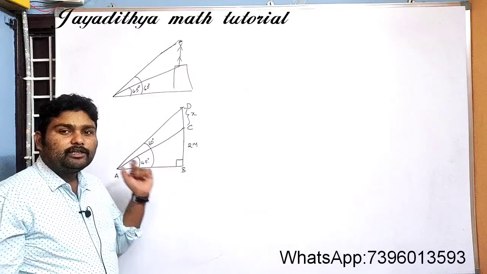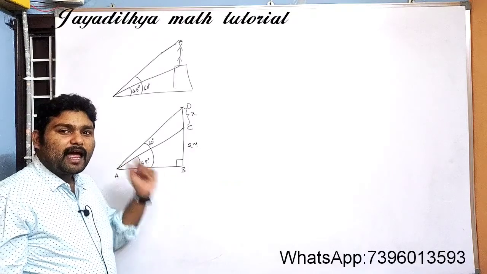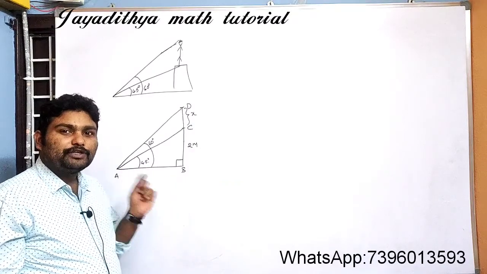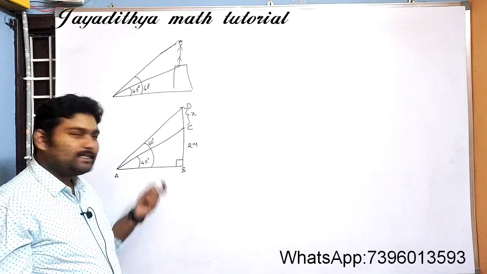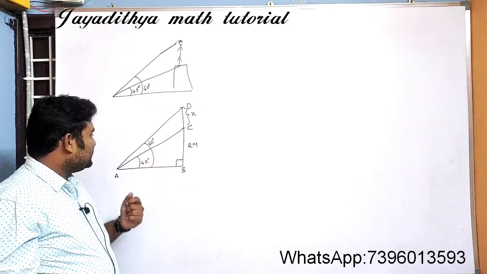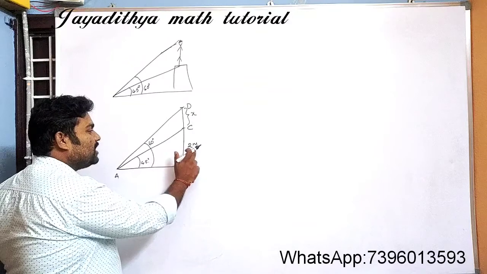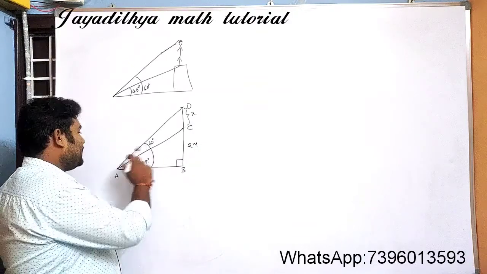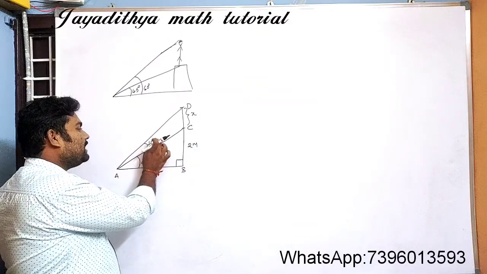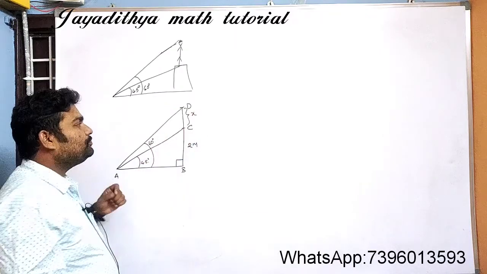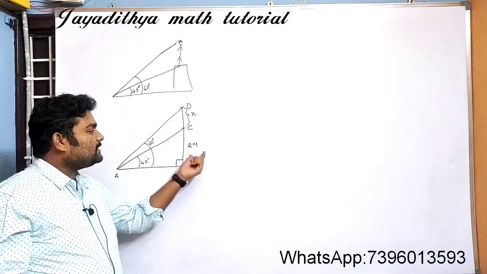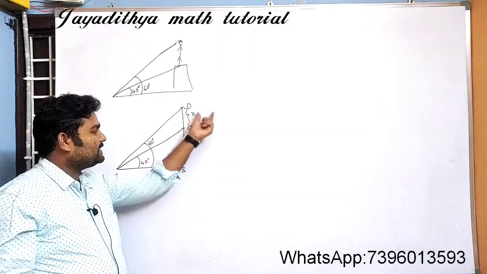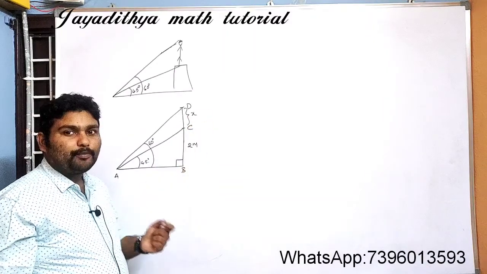First of all, take the triangles and name the sides, and then you can choose the trigonometric ratio that is required. See here, for this angle this is the opposite side. On the other side we have an angle of 60 degrees, and X plus 2 meters will be the opposite side.